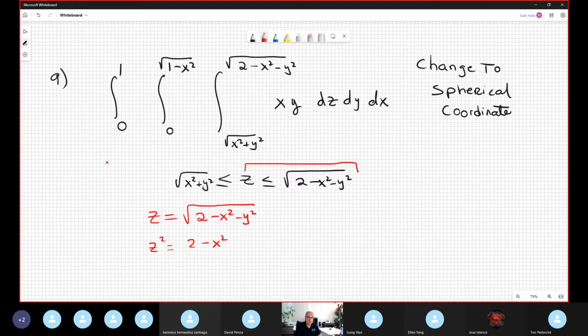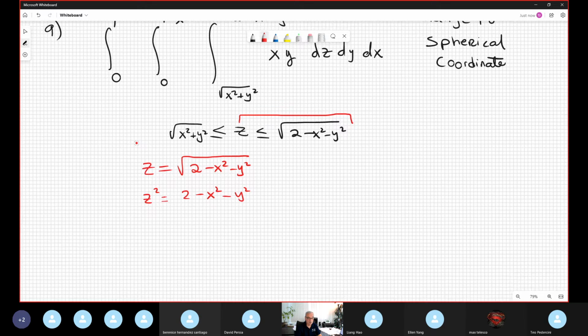Therefore, when I move to the other side, putting in standard order, x squared plus y squared plus z squared is equal to 2. Wow, so identification, clear, this is a sphere. A sphere with the radius square root of 2.